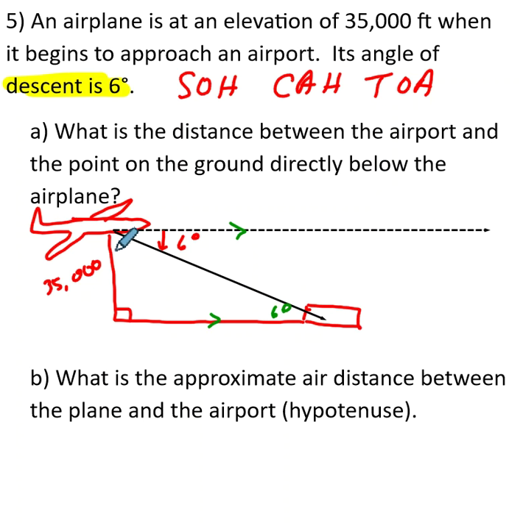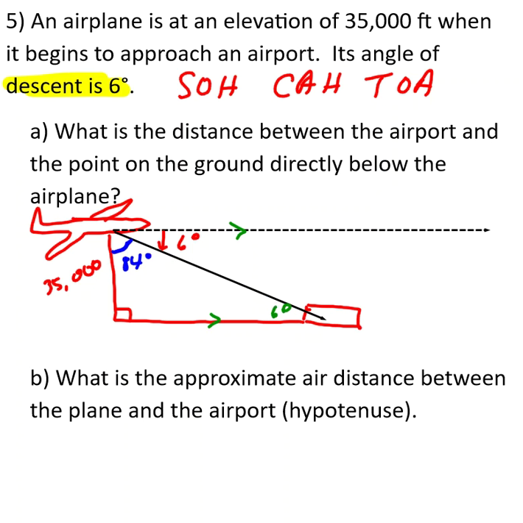Alternatively, I can fill in this angle here. If the angle of depression is 6 degrees, and I know this whole piece has to be 90, that makes this piece here 84. So I can work with the 84 degrees up here, or I can work with the 6 degrees down here.